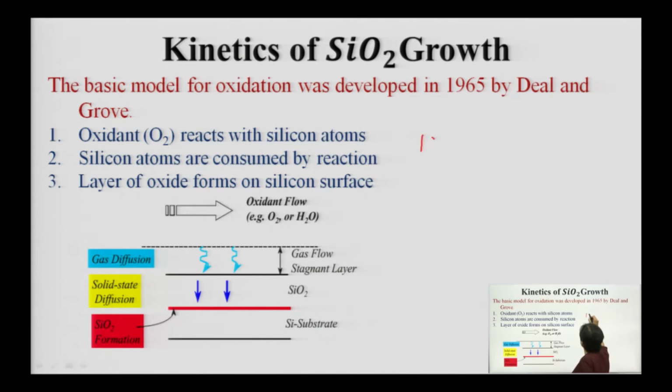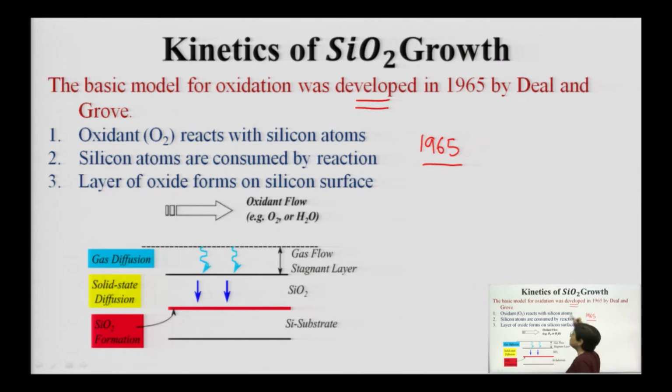In 1965, Deal and Grove were the scientists who first proposed this particular model, and after more than 40 years, this model is still valid.